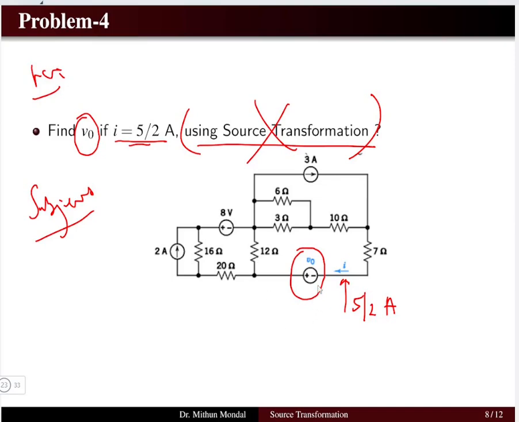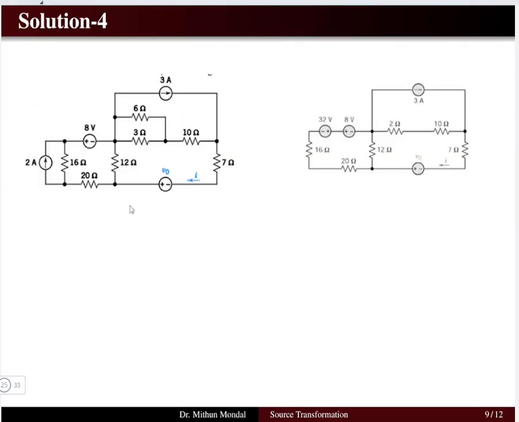So we have to observe the circuit and try to determine the potential. Let us observe this circuit first. What do we have here? This current source of 2 ampere and the 16 ohm resistor are in parallel, which can be converted to a voltage source equal to 16 multiplied by 2.